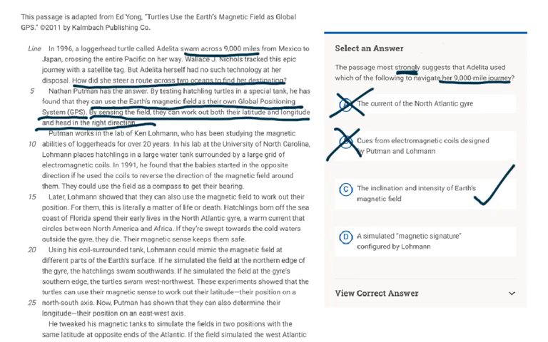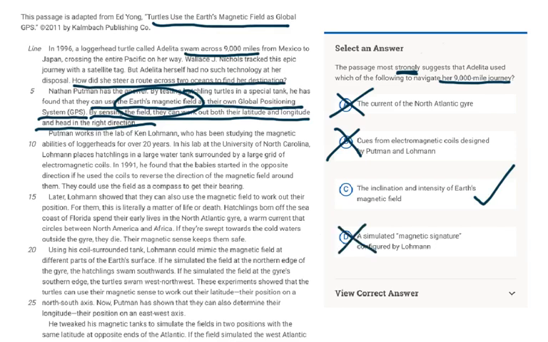Boom. That sounds pretty good, right? We're saying the Earth's magnetic field. Look, even in the question, it says turtles use Earth's magnetic field, right? That's how they're doing it. Adelita is the turtle, right? A simulated magnetic signature configured by Lohmann. Nope. There's my answer. Okay?